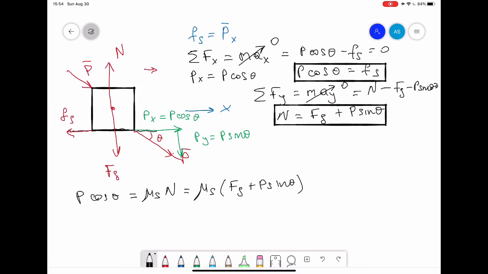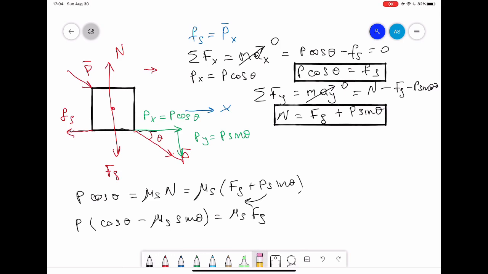Now let's bring the P sine theta to the other side of the equation. Then we get P multiplied by cos theta minus mu s sine theta, equal to mu s Fg.